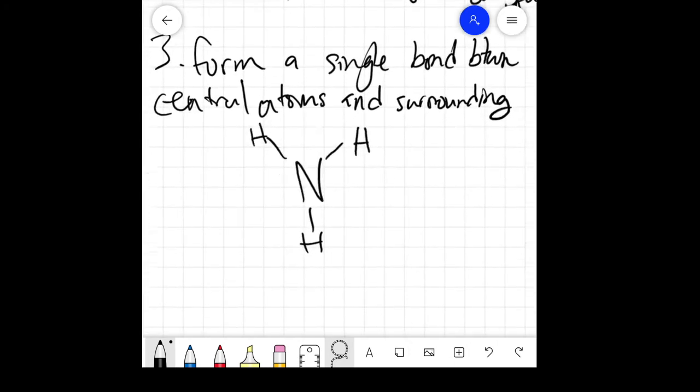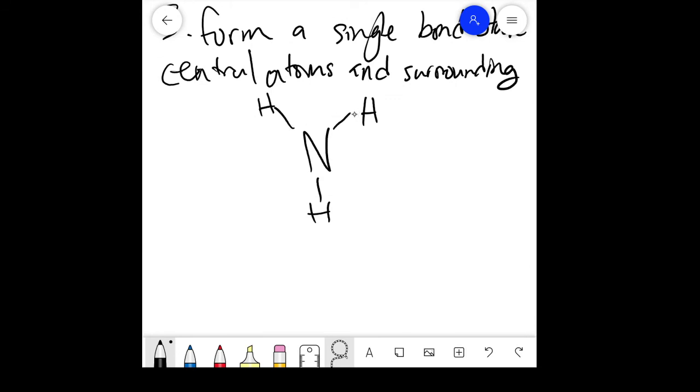So now we see that, and we have our 6 shared electrons. So our fourth step is to add the remaining electrons to form lone pairs and complete the octet.